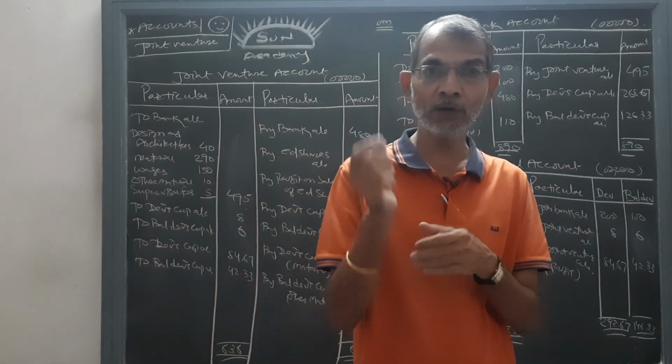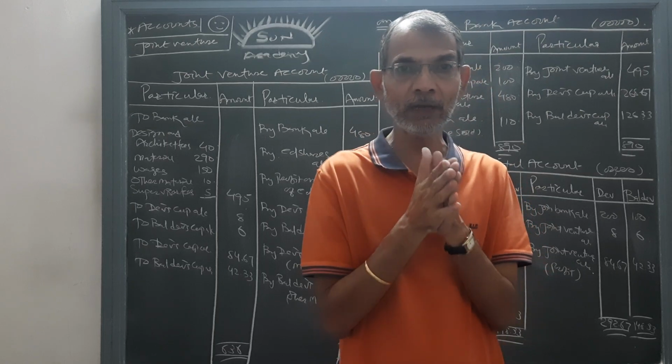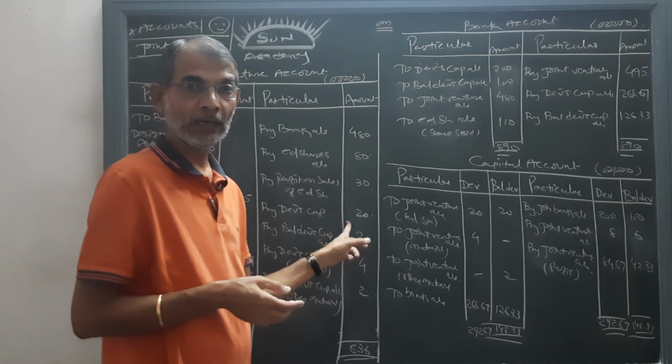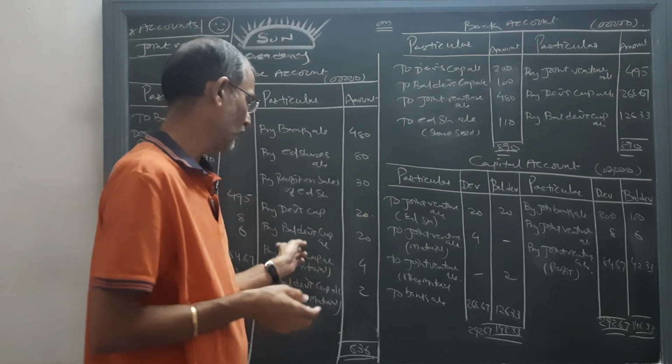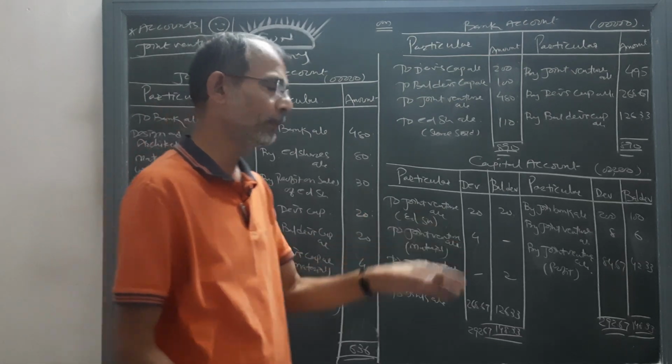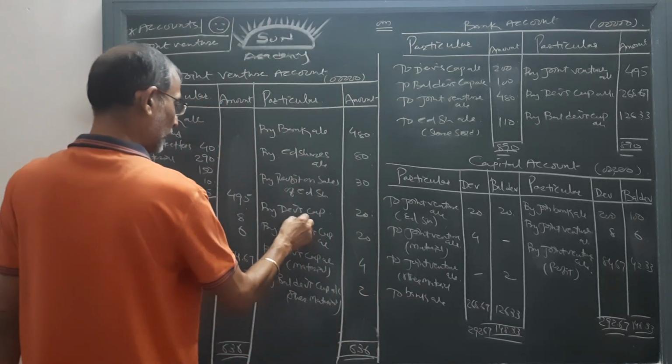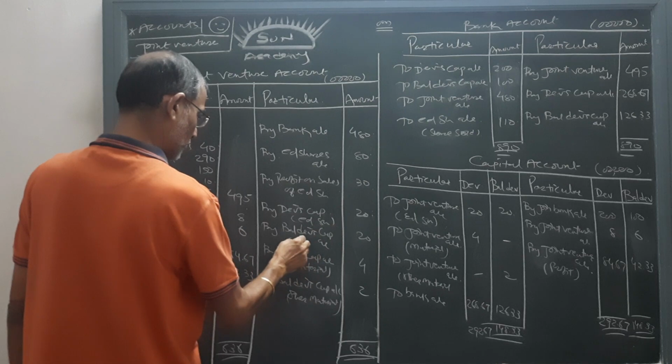Remaining equity shares of 40 lakh were taken by Dev and Baldev. So, equity shares of 20 were taken by Dev and 20 by Baldev. So, on the debit side of the capital account, I will write here equity shares.